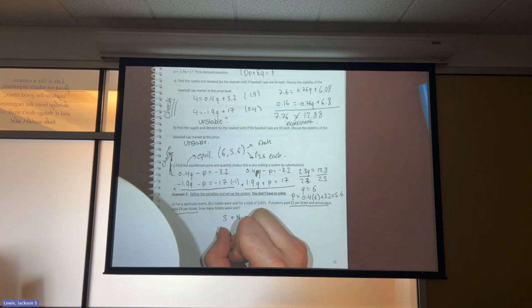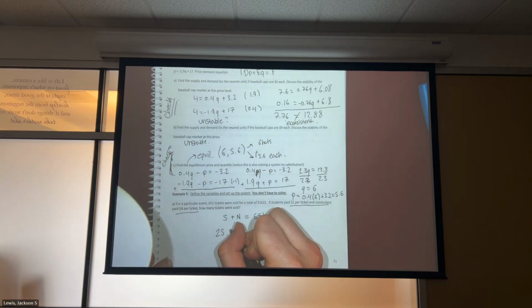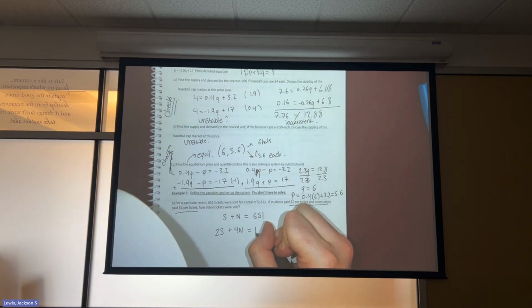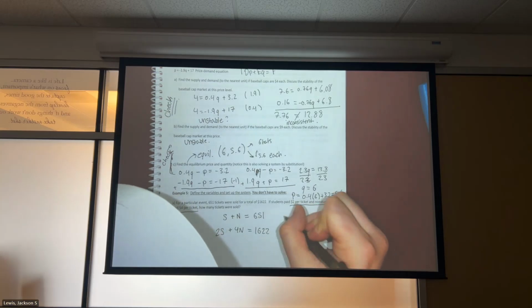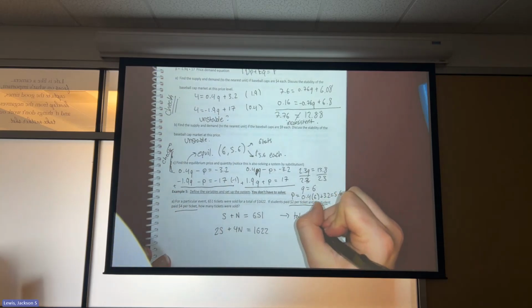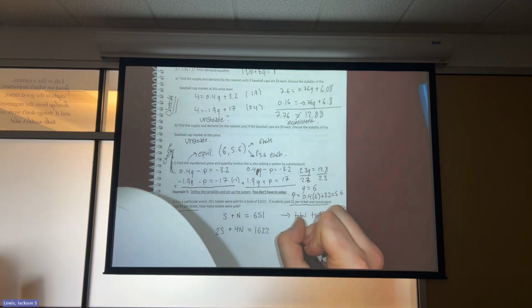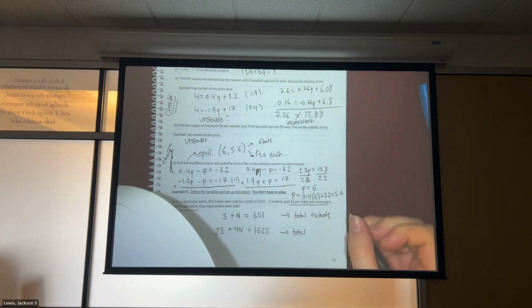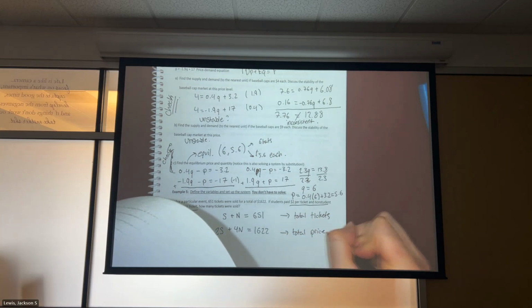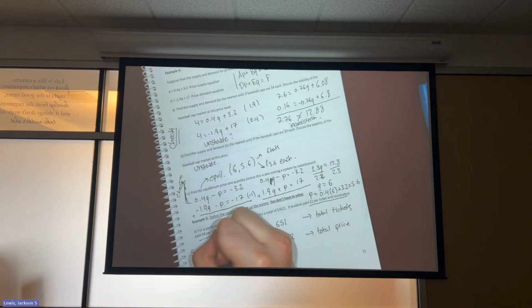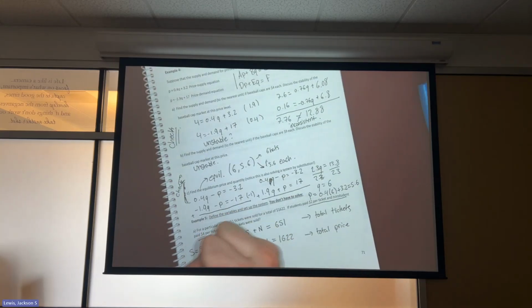Also know that students paid $2 and non-students paid $4, and the total price was $1,620. So this equation gives total tickets. This gives total price. S equals student and N equals non-student.